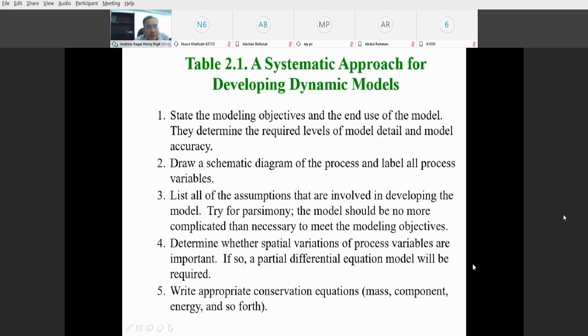So we look into what it actually means to have a systematic approach for developing dynamic models.